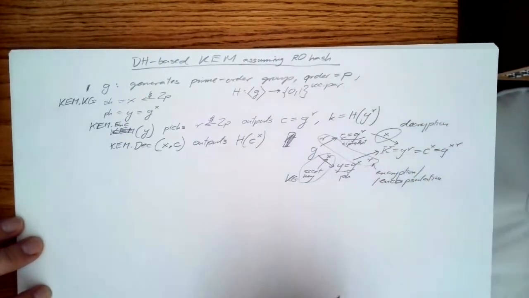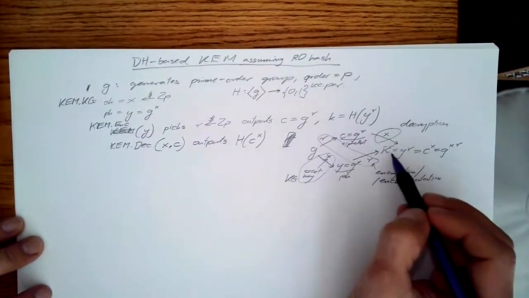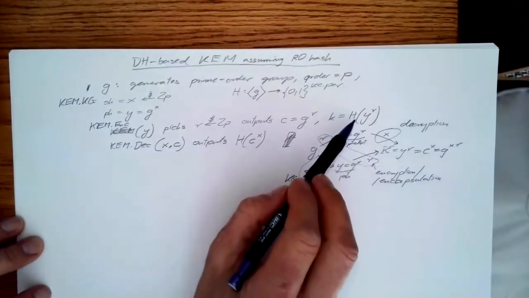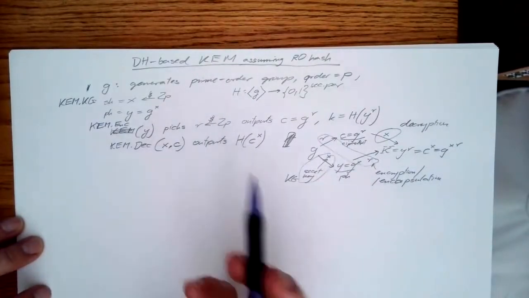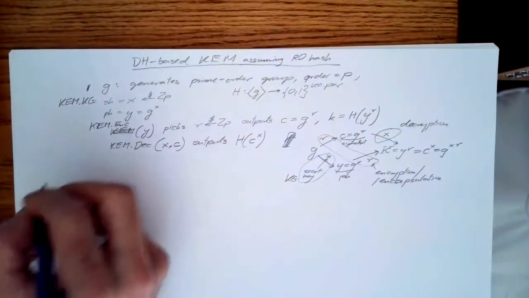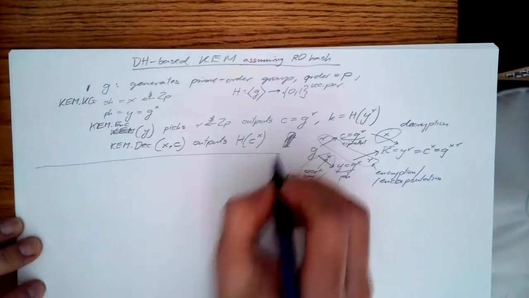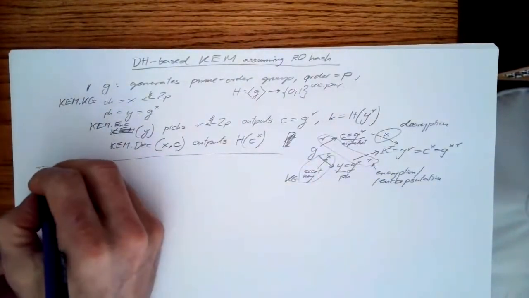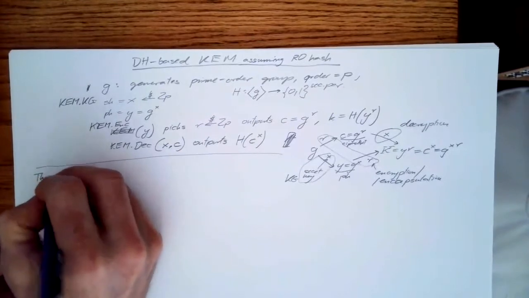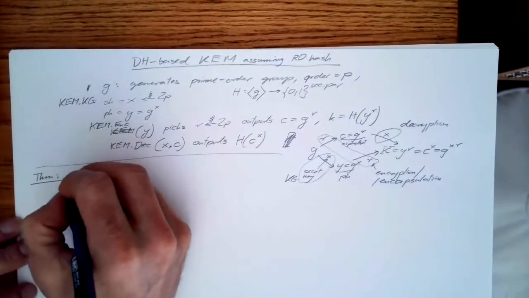Okay, so I'm just going over Diffie-Hellman yet again, and both of them hash it. Both in encryption and in decryption. Okay, so it's clearly correct. What about the theorem or claim?